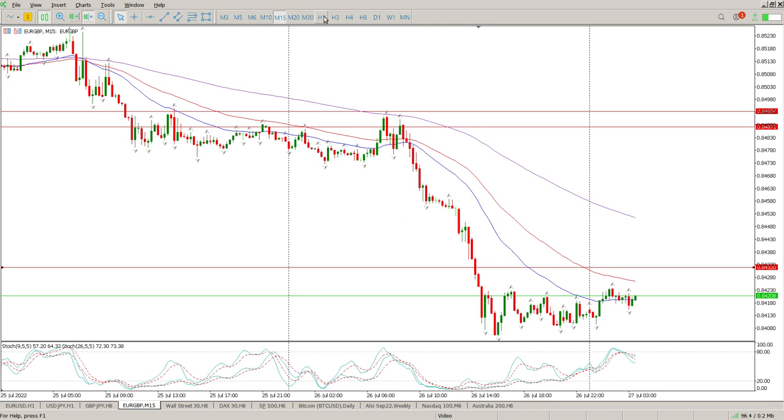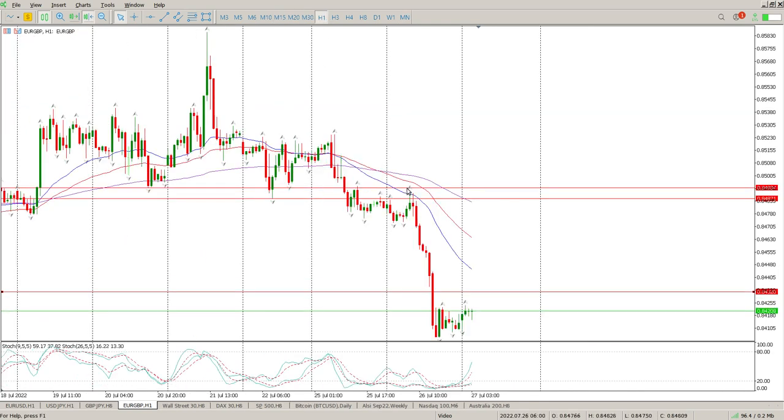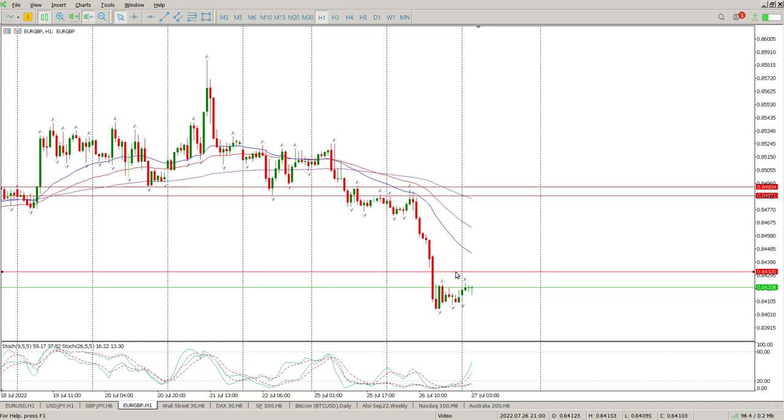So the trend is down at the moment, and a nice start to the week here, but it could be a flag forming. Obviously what we're looking for is a retest of structure. 0.84320 is the area to pay attention to.